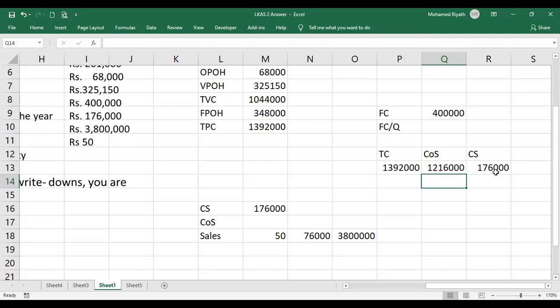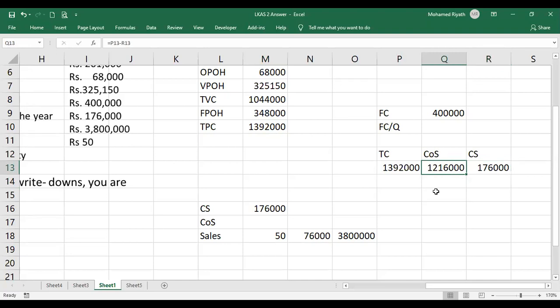Got the idea? So this figure equals cost of sales plus closing stock.